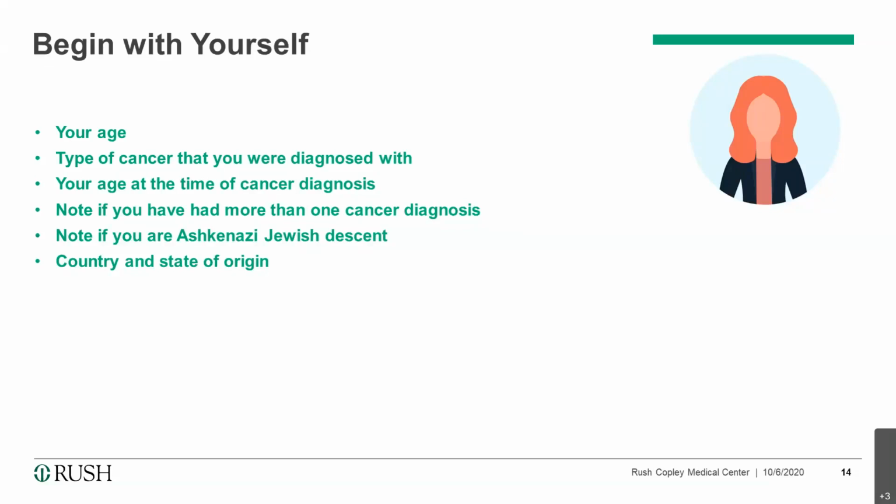The age that you were at the time that you were diagnosed. Note if you have more than one cancer diagnosis. So if you've been diagnosed with a breast cancer and then later on diagnosed with a different type of cancer, or the other way around, you've had other types of cancer, now you have breast cancer. So being able to note the specific types of cancer that you've been diagnosed with.